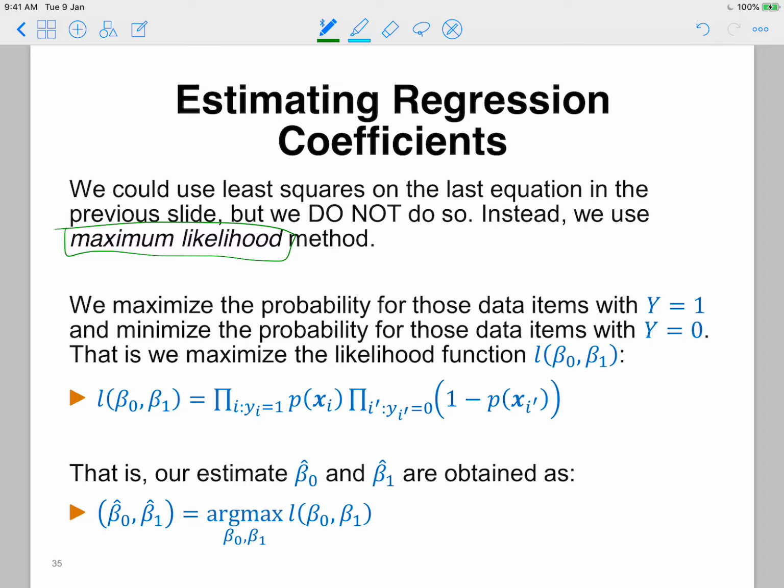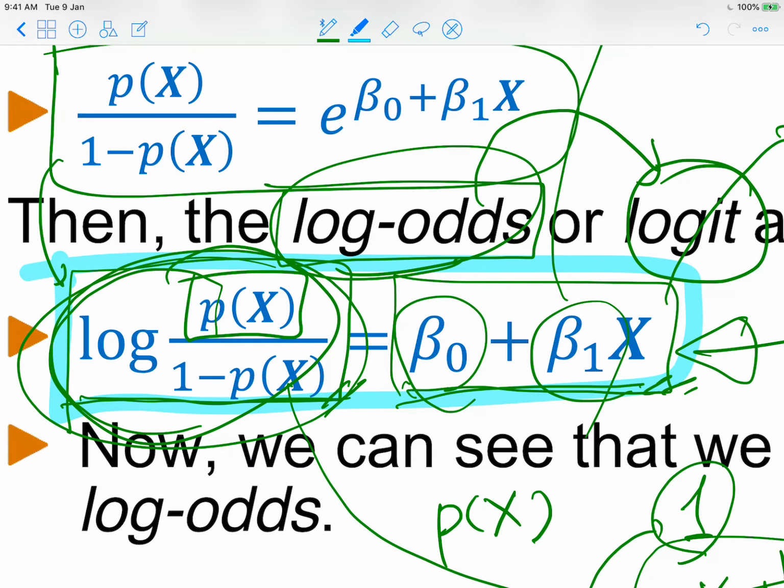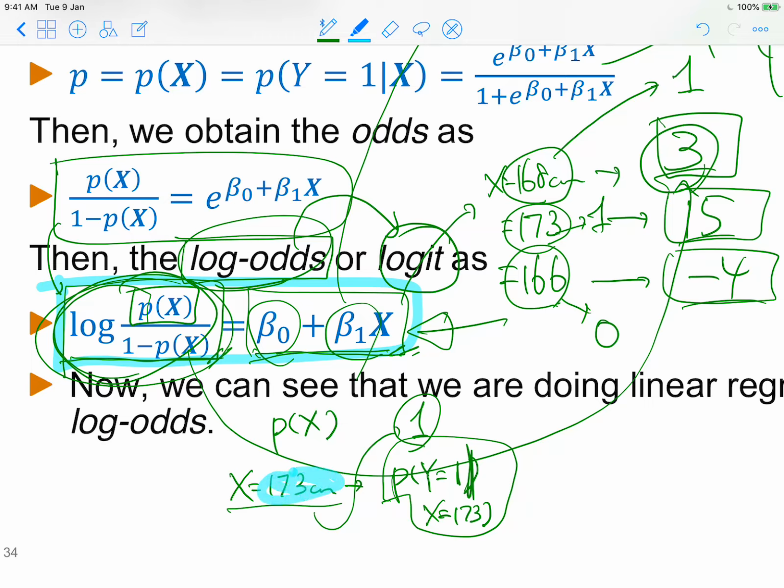What it means is, from this equation, suppose our feature value was 173, and we know its label is 1. But this is a specific example, and we do not know the corresponding probability of y being equal to 1 when x is 173.